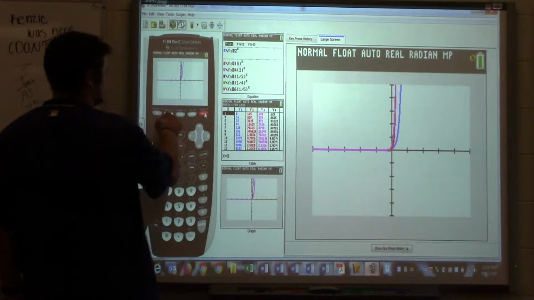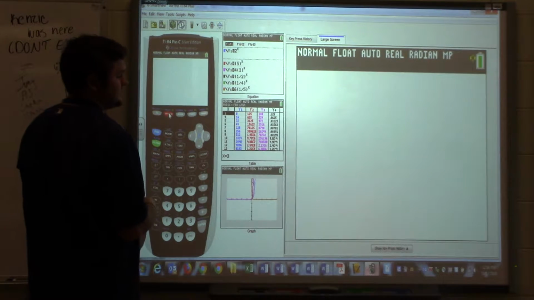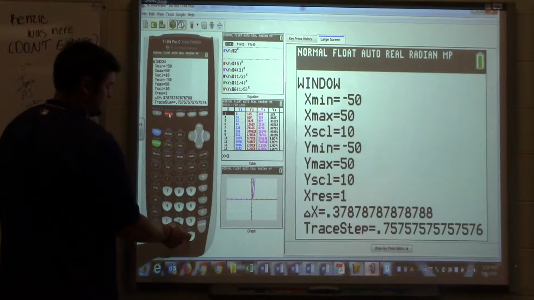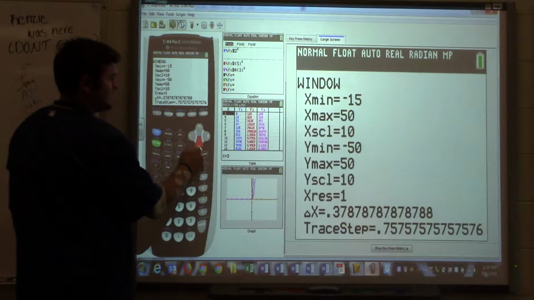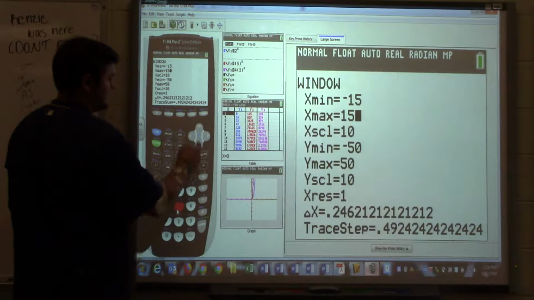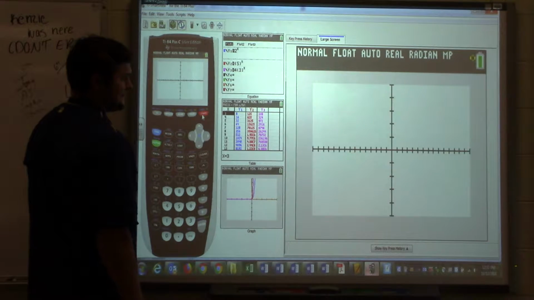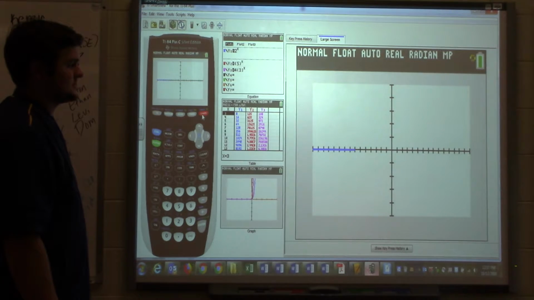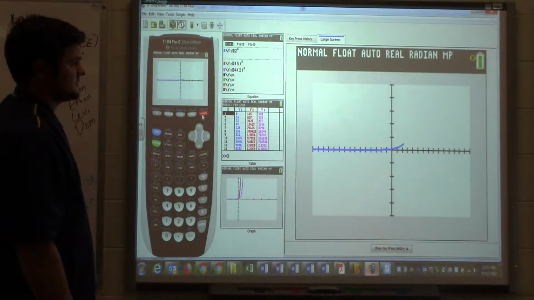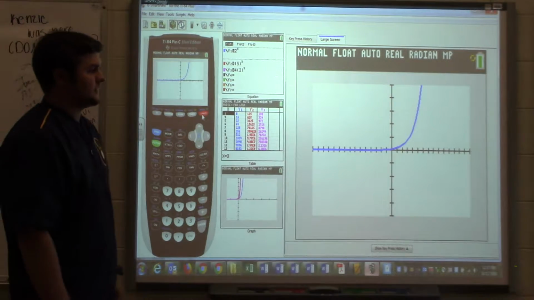I'm going to make my window smaller. I want to see it better. So I'm going to go like -15. Let's try that. Go by ones. Oh, that looks better. Look at that.